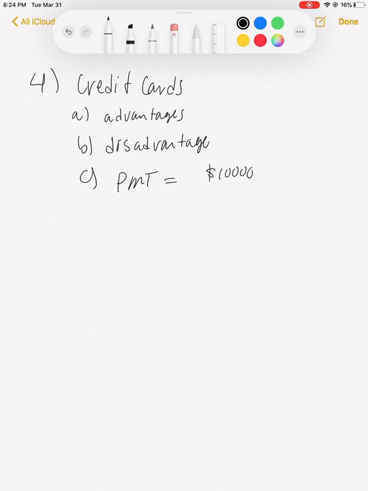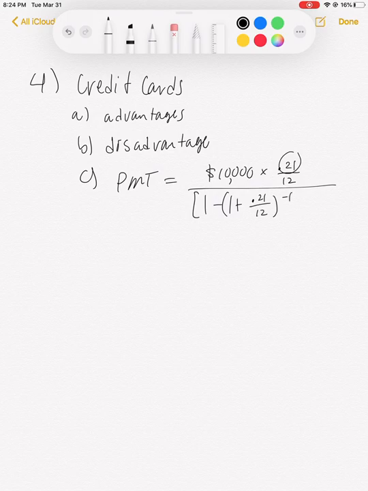That's what you're starting out with. The interest rate is 21%, so it's 0.21 divided by 12, because we're going to make monthly payments. So this is a really high number right here. And I'm going to divide by 1 minus 1 plus, again, the interest rate over the number of payments per year to the number of payments per year times how many years. We're going to do this for just 2 years.